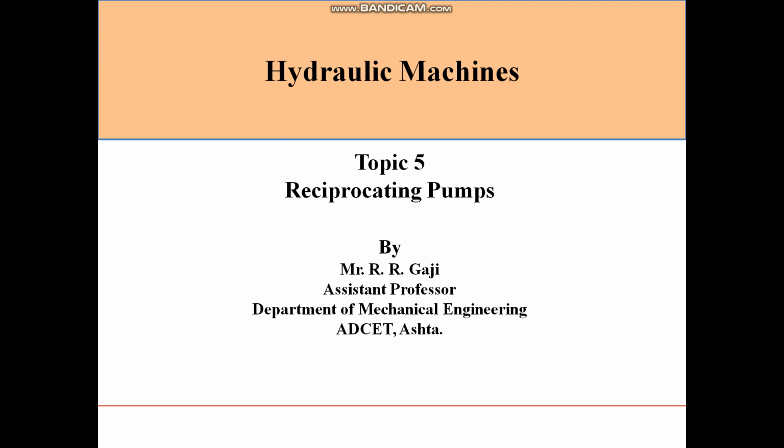However, in case of positive displacement pumps, actual change in the volume of the working medium takes place, and due to the movement of plunger or piston, the liquid gets pressurized. Reciprocating pump is the example of positive displacement pump.